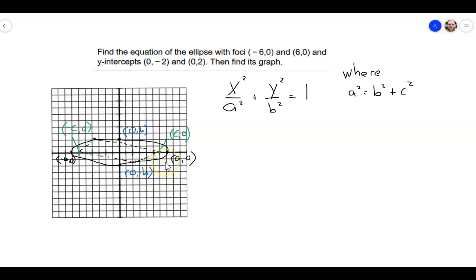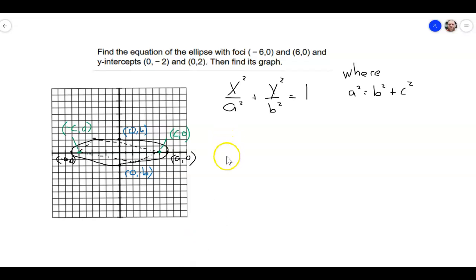The a has to do with the intercept on our major axis, which is the x-axis when we're stretched horizontally like we are. The b will be the intercept on our minor axis, which is our vertical axis in this case. And our c will be the foci points, which always go on the major axis. So when it's stretched horizontally, they'll be on our x-axis, and when it's stretched vertically, they'll be on our y-axis.